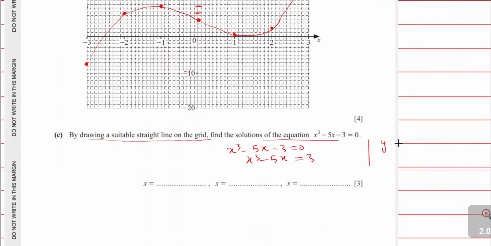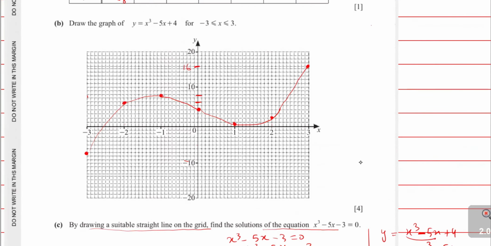We have the equation y equal to x cube minus 5x plus 4. Therefore, in place of x cube minus 5x, we can write y minus 4. And we write here y minus 4 equal to 3, and therefore y equal to 7.